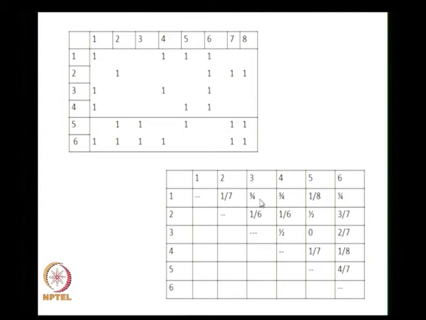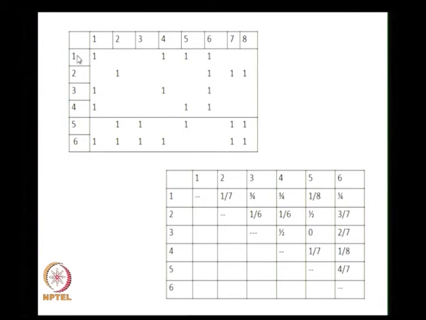How did this 3 by 4 come? Sorry, if we take 1 and 3, the maximum similarity of 3 by 4 is coming for 1 and 3.